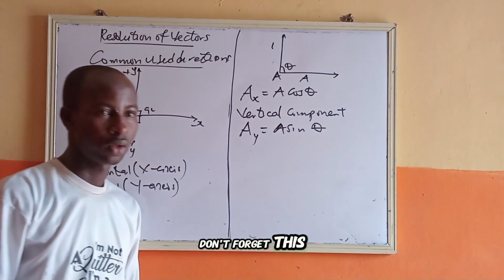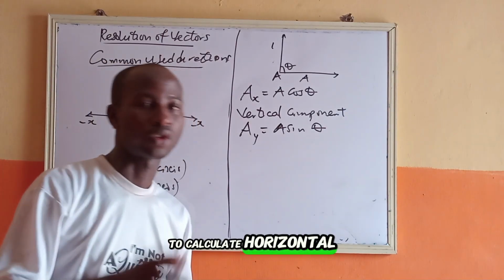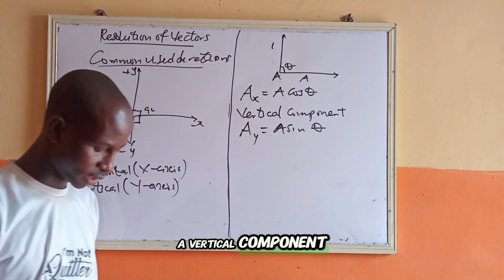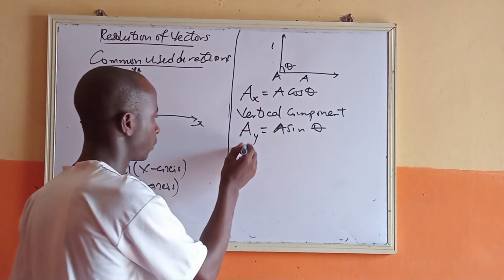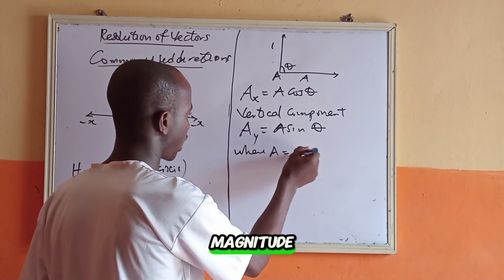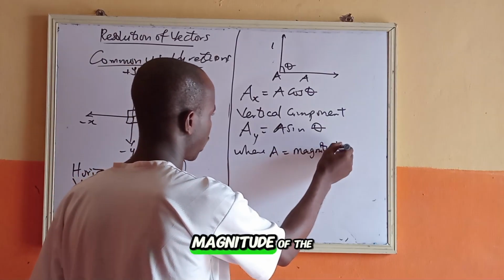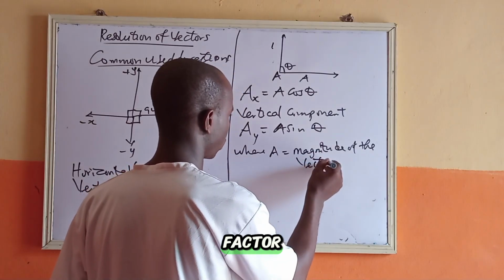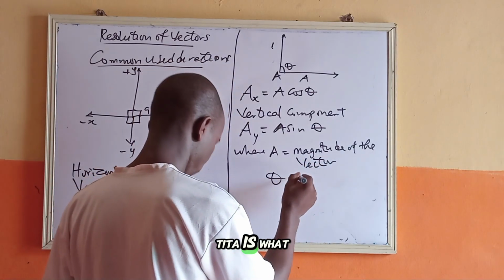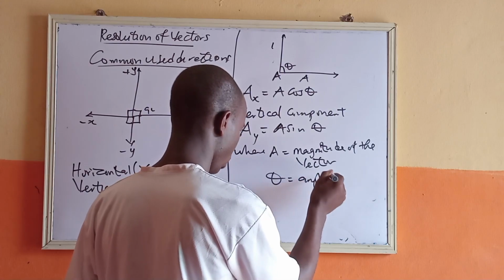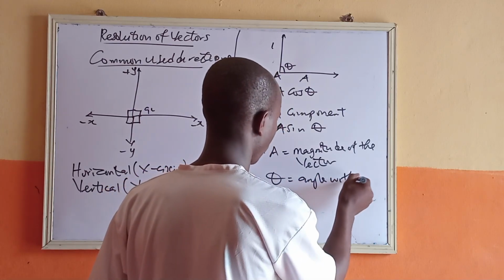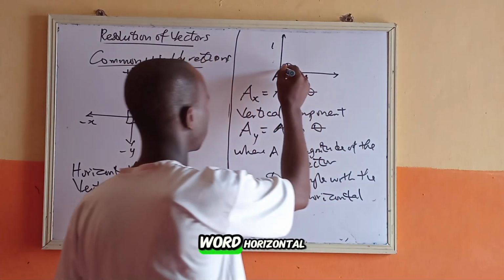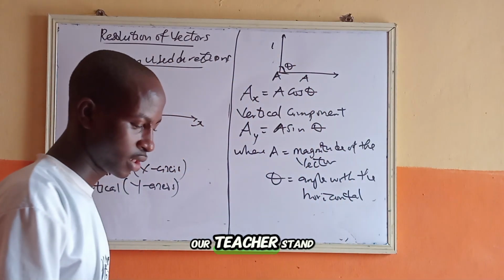So don't forget this. When you want to calculate the horizontal component, A cos theta; the vertical component, A sine theta, where A is our magnitude of the vector, and theta is the angle with the horizontal. That is what our theta stands for.